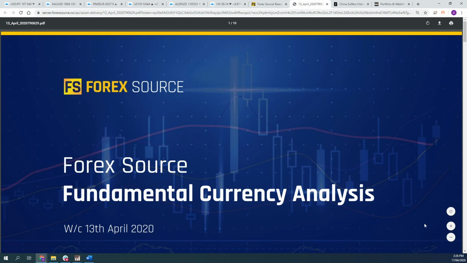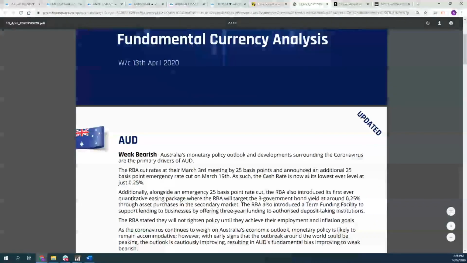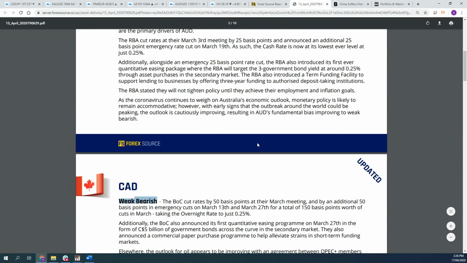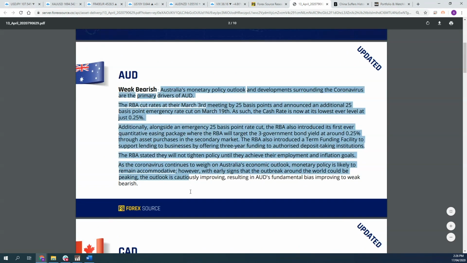Now, this report goes into detail on what our current macro fundamental picture is for each of the major currencies. So the Aussie, for example, weak, bearish, the CAD, for example, weak, bearish, etc. And it also provides the reason from a macro fundamental point of view why we take that specific bias.